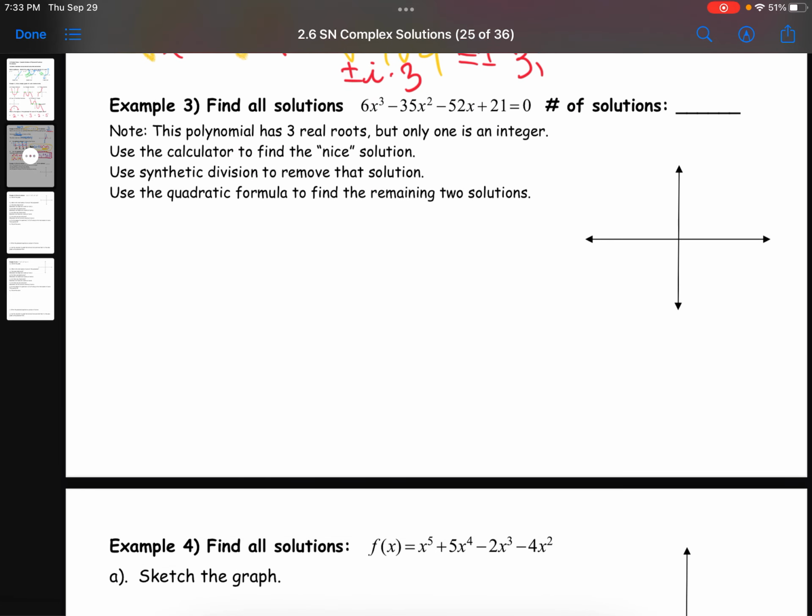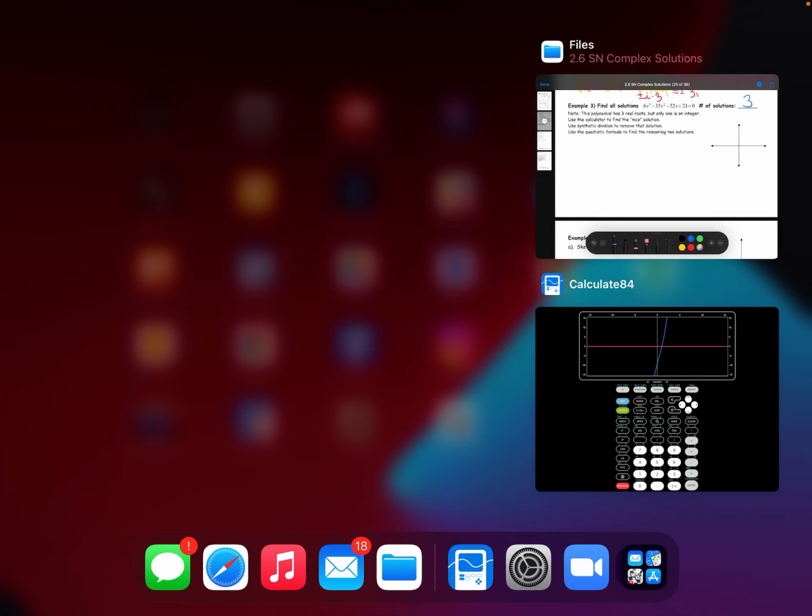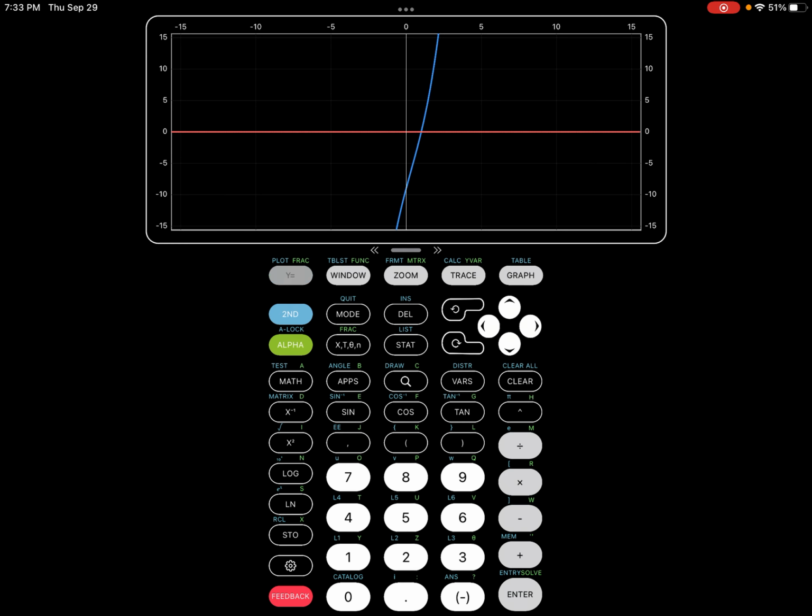Now, let's look at example 3. 6x to the third minus 35x squared minus 52x plus 21 equals 0. That is a third degree polynomial, so we should have 3 solutions.